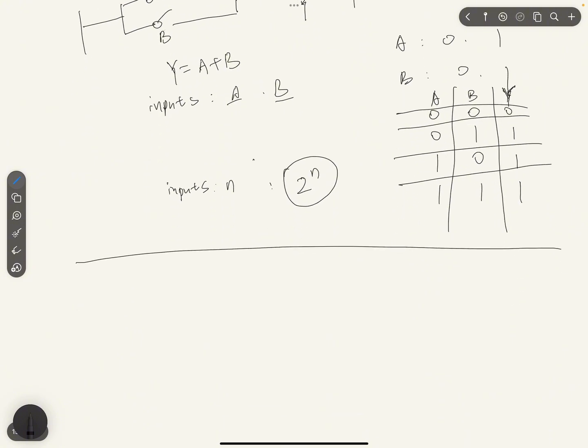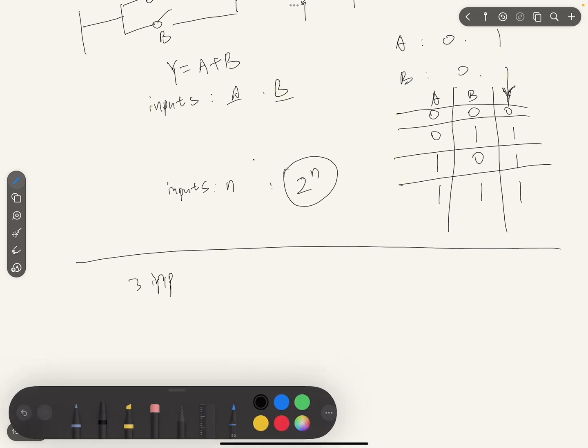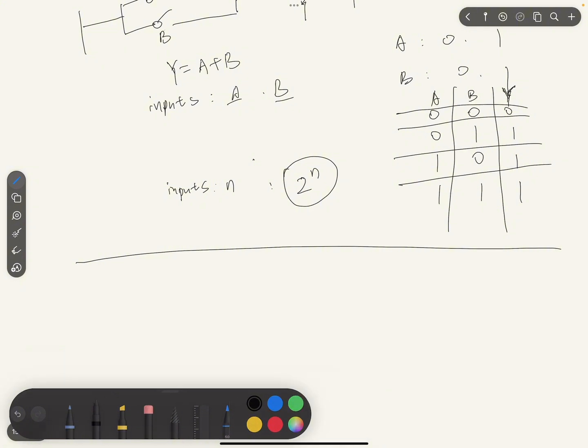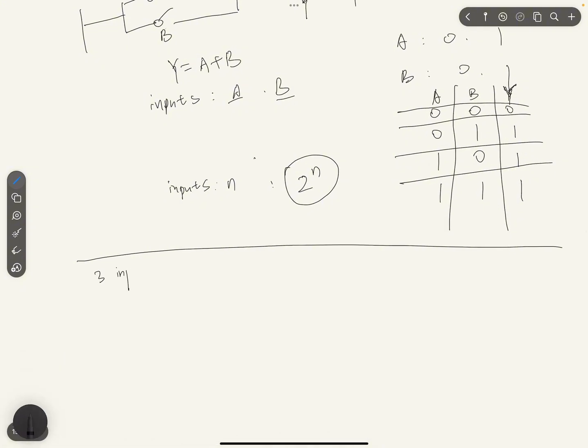What if we have 3 inputs? So let's say we have a 3 inputs OR gate.